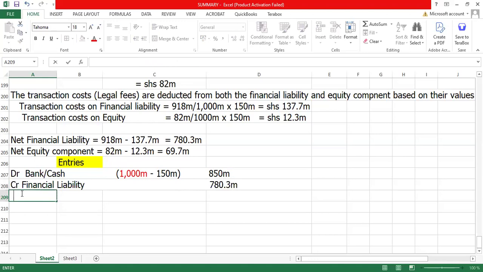Then credit equity component, which is 69.7 million. That's what you do on initial recognition. Please take note.